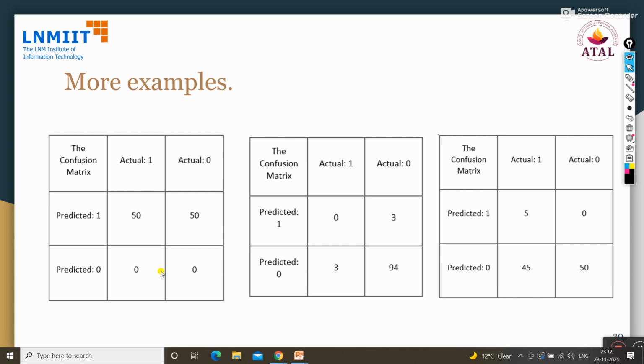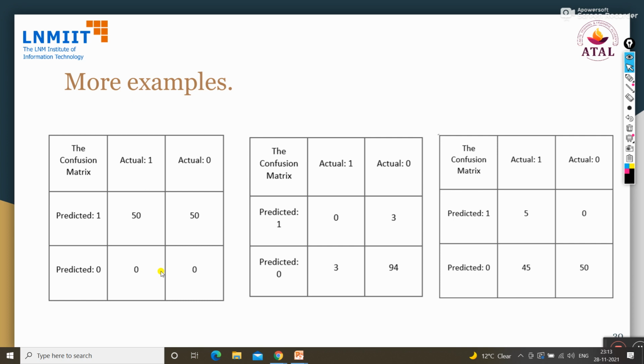The first matrix says the prediction is yes and the actual is also yes, so that is 50, and false positive is 0. Is this a good model, a suitable model? First matrix.